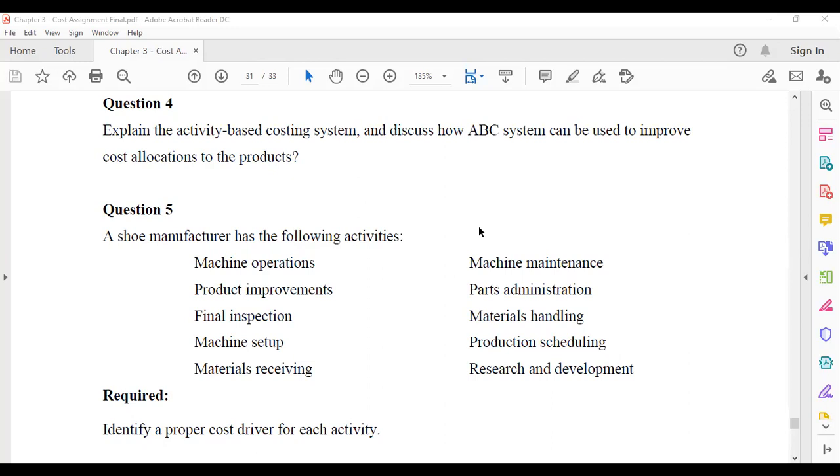The ABC system is an alternative to the traditional costing system.